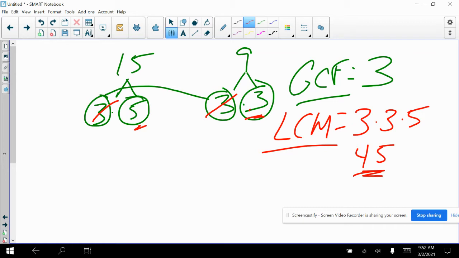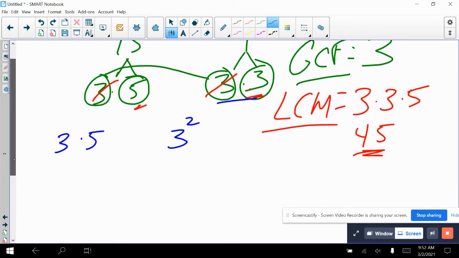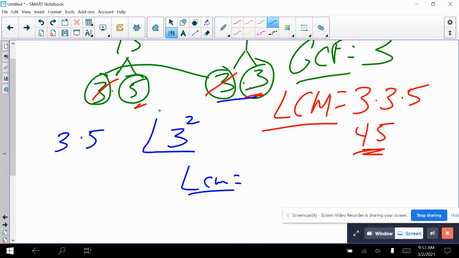Now watch this. I want to change this up a little bit. Again, we have 3 and 5, and over here, if we put it in exponential notation, you might like this way. So pay attention: 3 squared, because we have two 3s. If you do it the exponential way, to find the LCM, you always take the exponent that is higher.